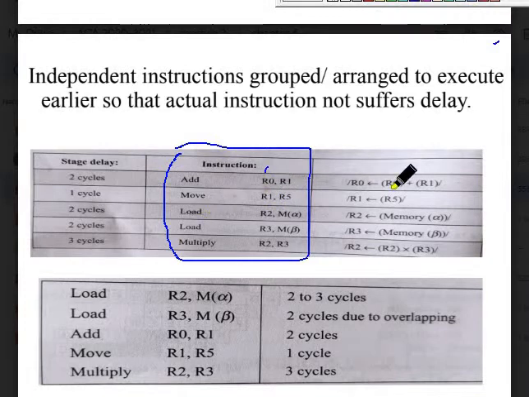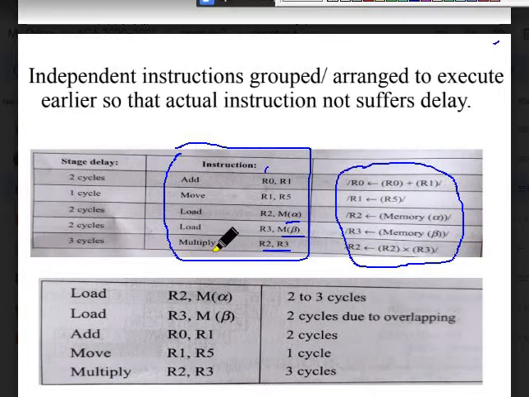Take data from the memory location alpha and keep it in R2. Take data from the beta location and keep it in R3. Finally, multiply R2 with R3 and store the result in R3. You can read the comments here for your analysis.